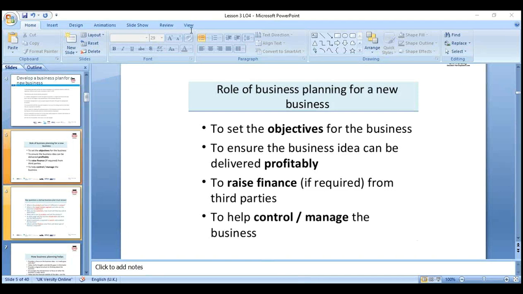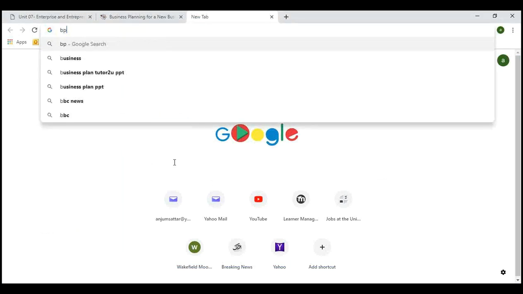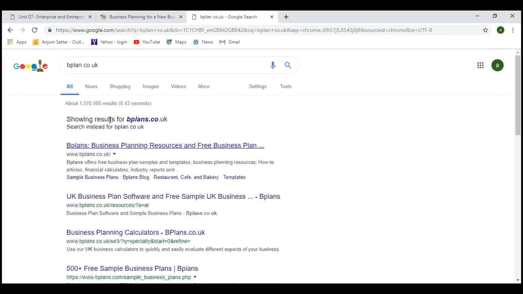Has anybody heard about the business plan website? No? Okay, I'll show you, which is quite good, because sometimes clients keep coming and asking you to make a business plan for them. It's businessplan.co.uk.